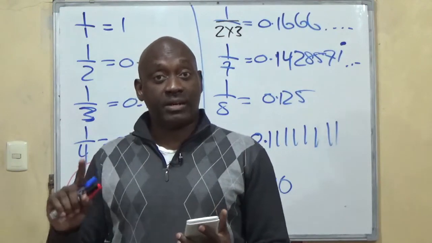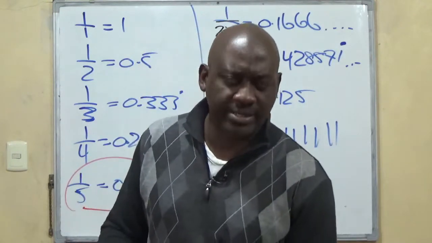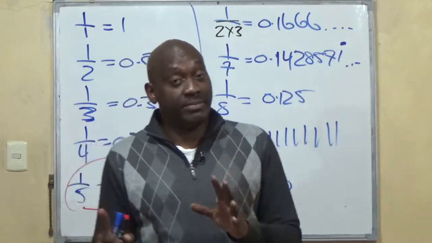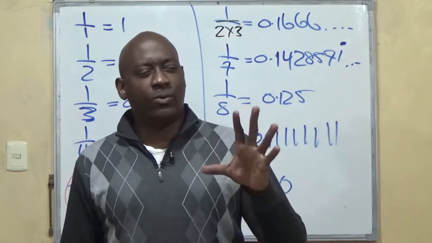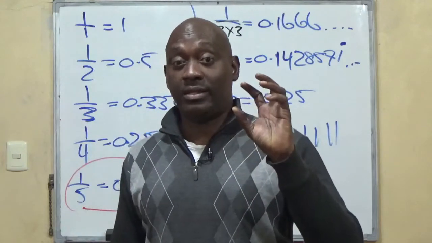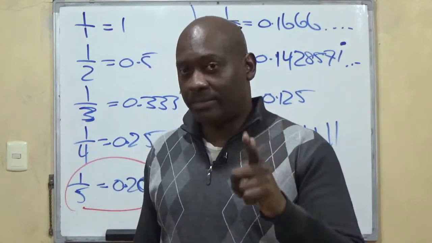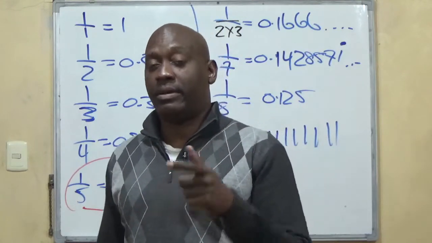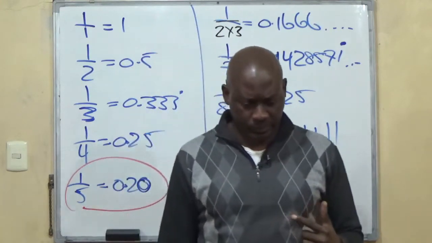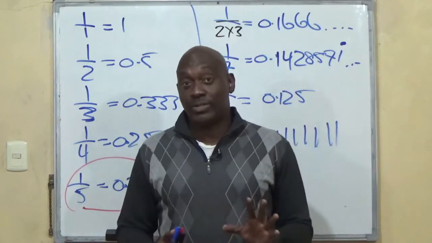So let me just correct myself. Just now I said, and in correcting myself, we're going to expand the discussion even more. A while ago, I said that when you divide by multiples of 5, you will get a rational number. Let me correct that. That is not always the case.